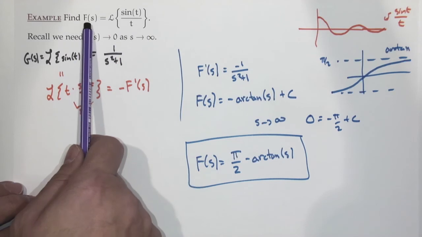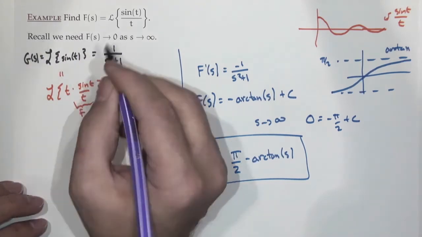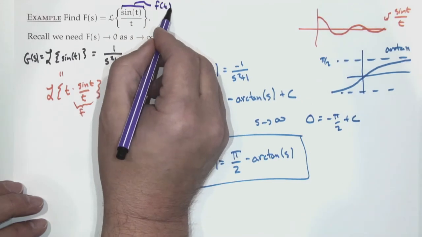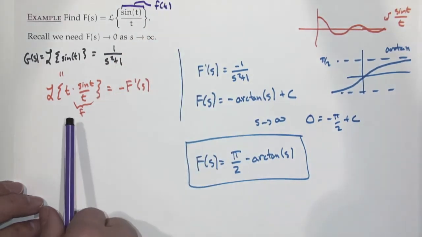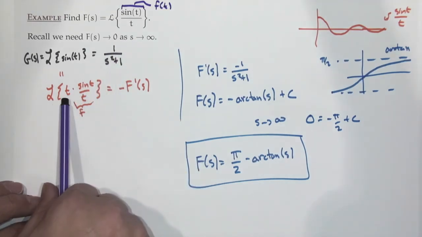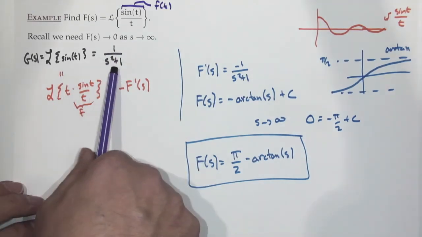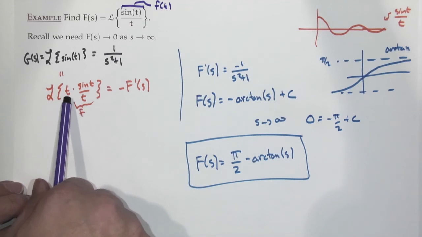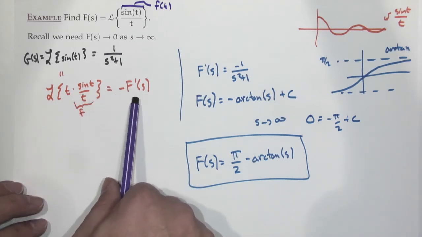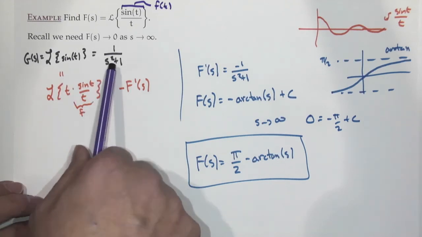So we're calling that capital F of s. So think of this as right here, this is like little f of t. And now we're saying, well, we don't know how to handle that, but if we multiply it by t, we have sine t, which we know how to handle. Multiplying by t, by our rule, makes it minus the derivative of what we want. So it's just connecting things together.